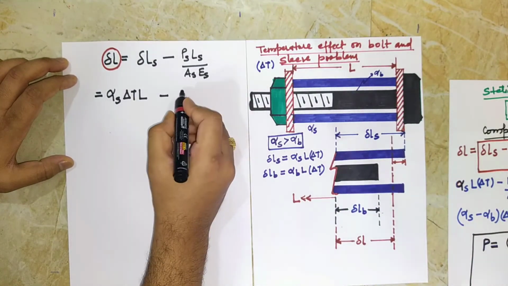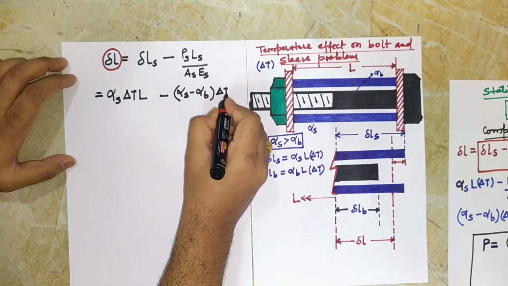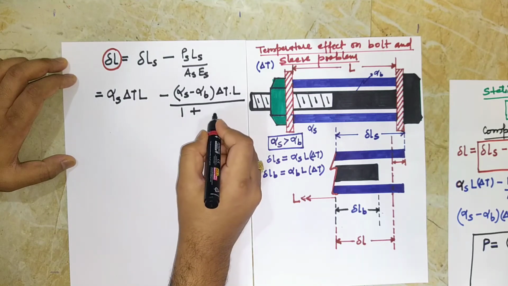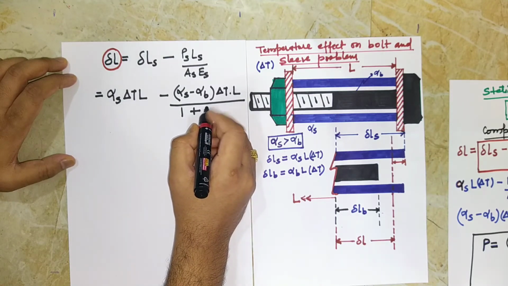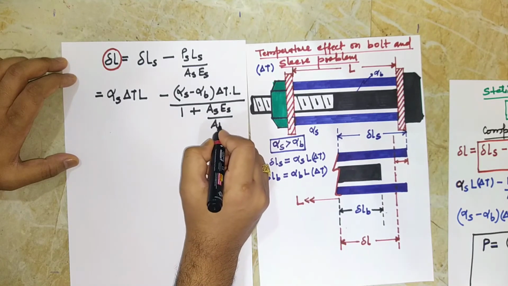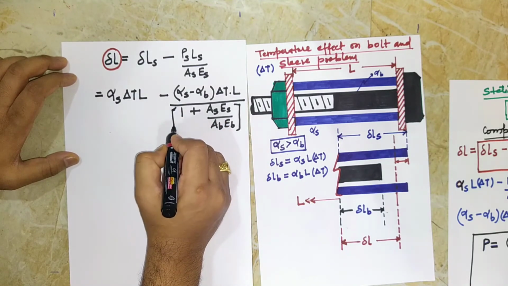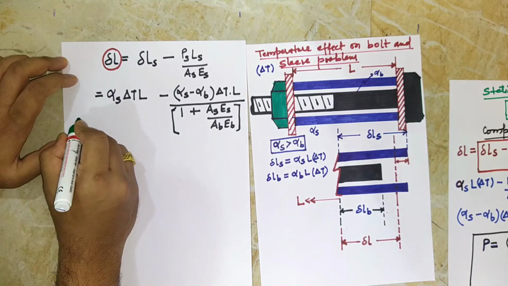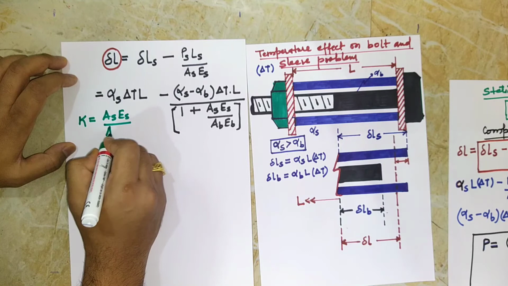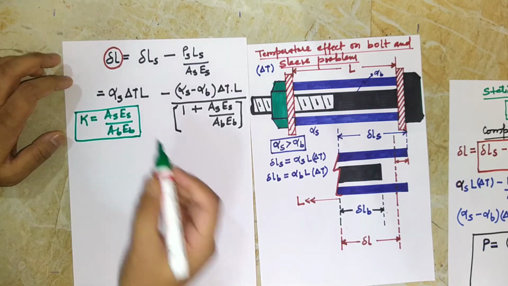So we can write P as alpha S minus alpha B del T into L by 1 upon AS ES plus 1 upon AB EB. For ease of calculation, we'll consider K equal to AS ES by AB EB. We are just taking this for ease of calculation.